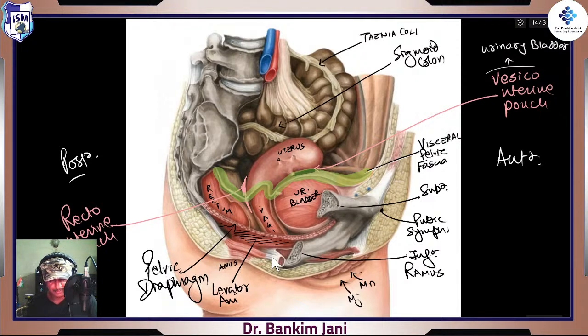Now we know that the perineum is a very small, very lower structure, true? This is just for the orientation, and we'll keep on adding more and more structures to it as we proceed.